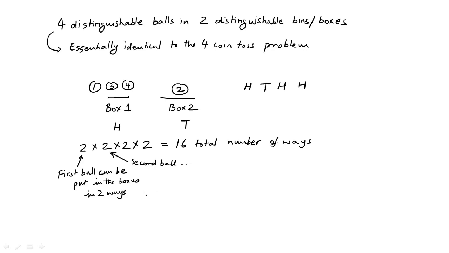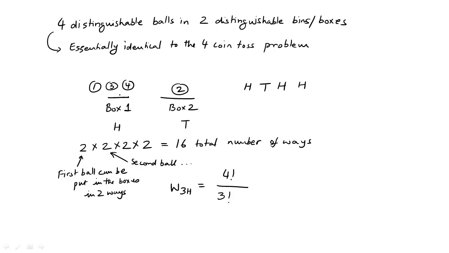Now, the number of ways of getting three heads, that is, three balls in box 1, is 4 factorial, which is the number of ways in which the four balls can be arranged, divided by 3 factorial.